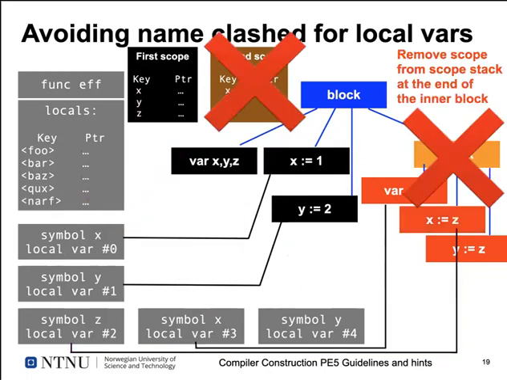And then, when you're finished with that block, you can just throw it away because we have all the information retained here. So essentially you can throw that second scope away when you're finished. So you're not throwing that part of your syntax tree away, obviously. Just when you're finished, you can throw that scope away because you have all the backlinks now to your local variables here in your block.